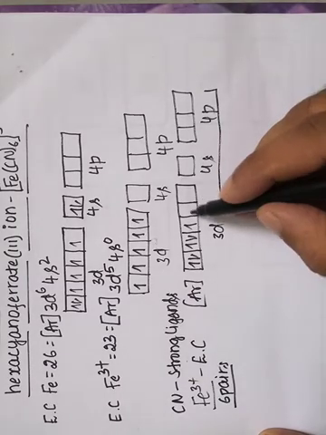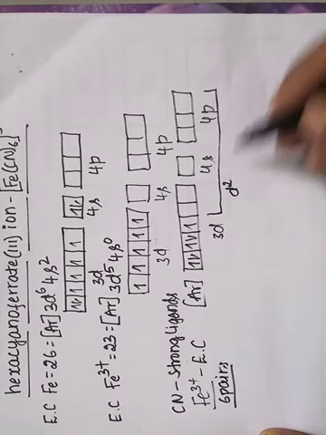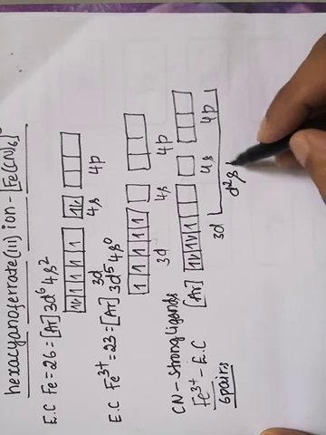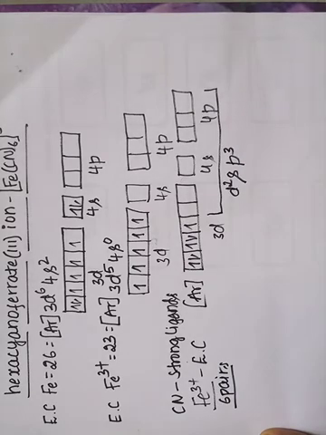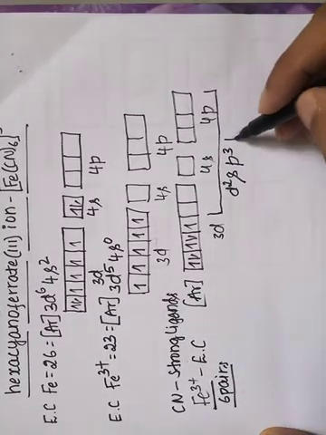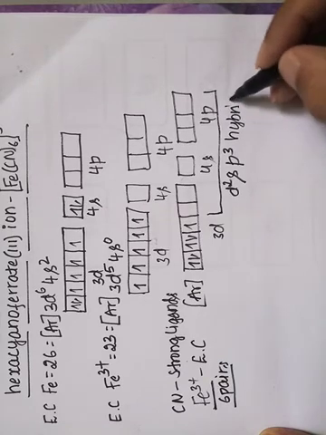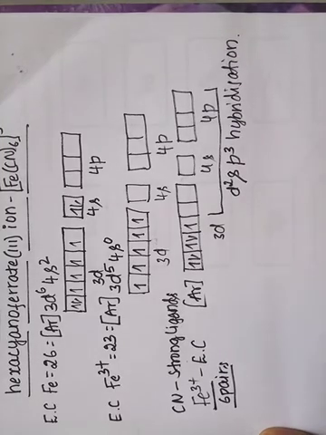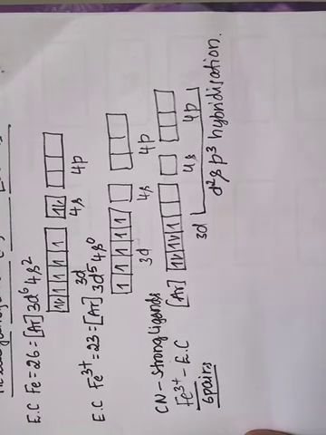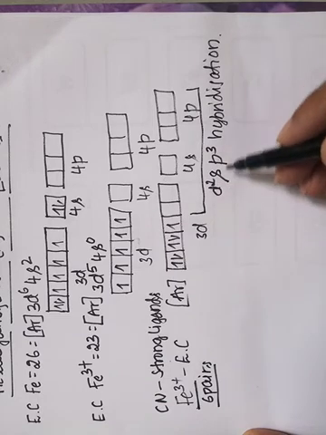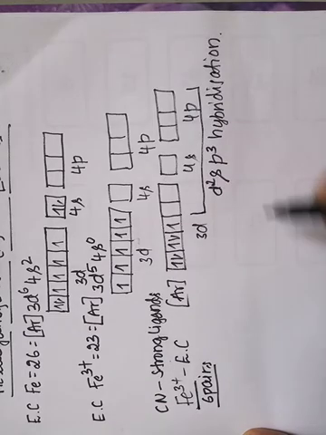That means 2 d orbitals, 1 s orbital and 3 p orbitals will undergo hybridization. Therefore the Fe3+ ion undergoes d2sp3 hybridization. When the Fe3+ ion undergoes d2sp3 hybridization, it forms 6 d2sp3 hybrid orbitals.